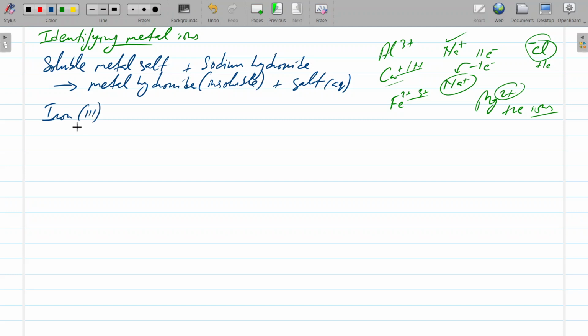We just talked about iron having either a 2 or 3 oxidation state, so either losing 2 or 3 electrons. Iron 3 means that it has lost 3 electrons in this case.